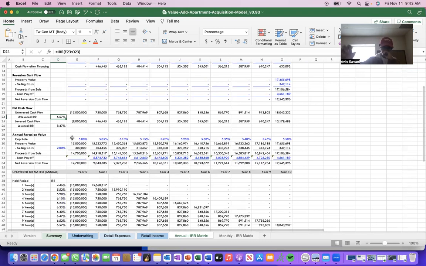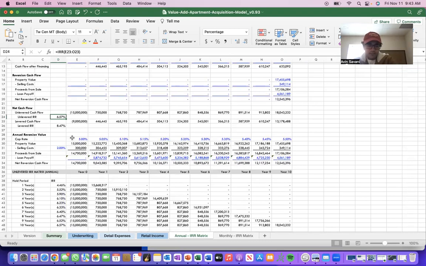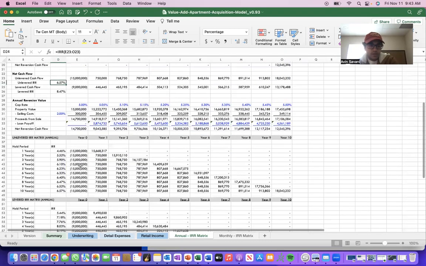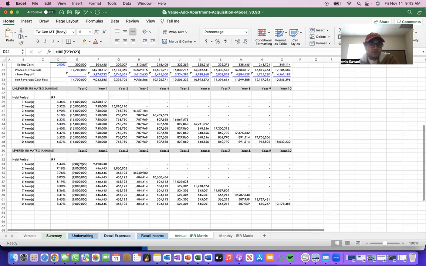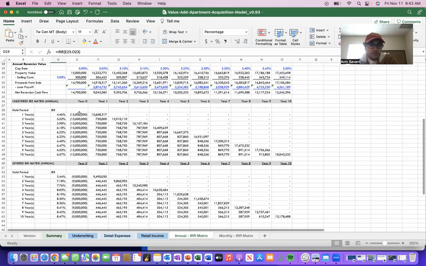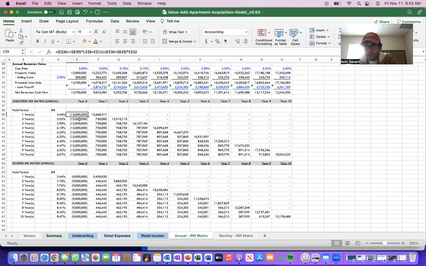So, excuse me. This is the IRR matrix on an annual basis. You will see that the first year is going to be all of your project costs associated. So this is your acquisition costs, any financing costs, any construction costs involved. All that is going to be displayed in that year 0 timeline.